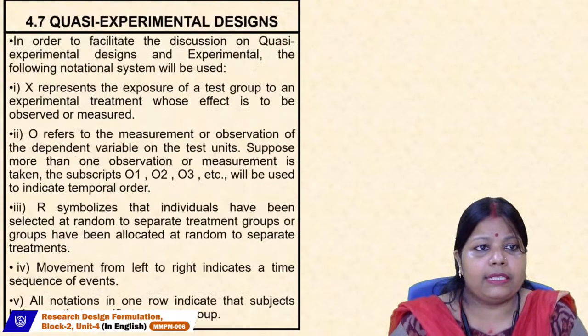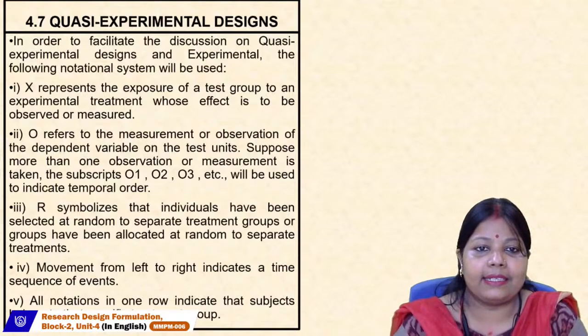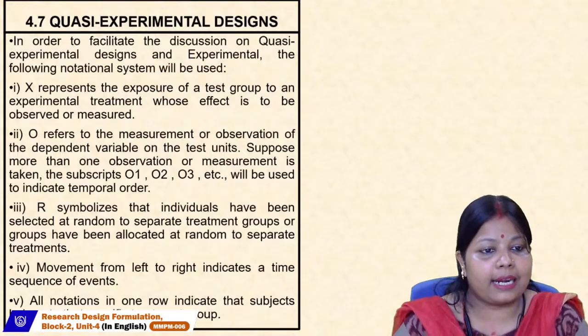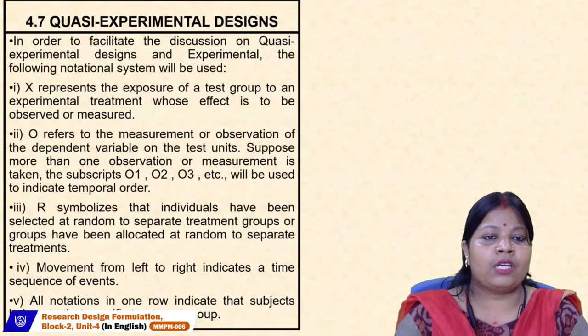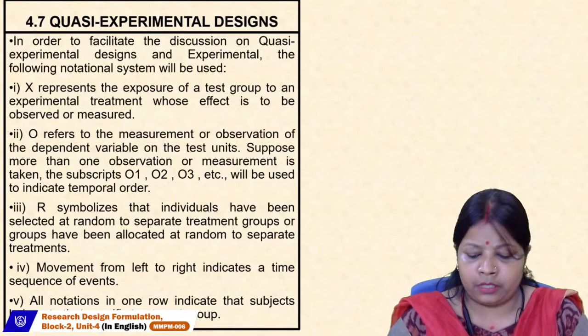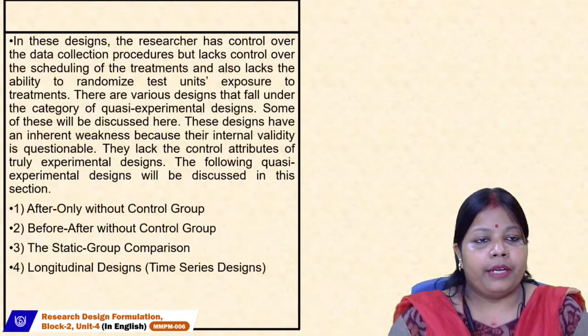In this context, another most important experimental design is the quasi experimental design, which is technical, or you can say mathematical. Some representations are required in summarizing or expressing the quasi experimental research design.